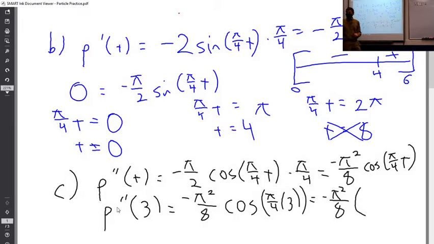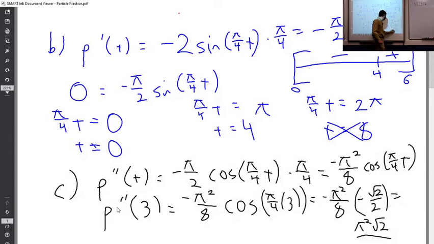That puts us at 3 pi over 4. That's the second quadrant, so cosine is negative, and root 2 over 2. So to finish us off here, negative times a negative is a positive. Pi squared root 2 over 16.